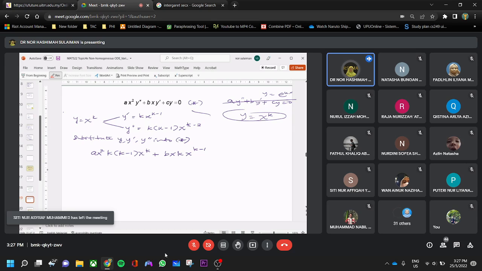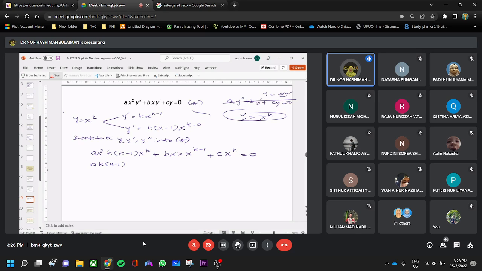You all must write this too. Plus c y, and c y is c times x to the power of k, equal to 0. Notice that all the terms, let's simplify first. So we have k minus 1 and then x to the power of what?